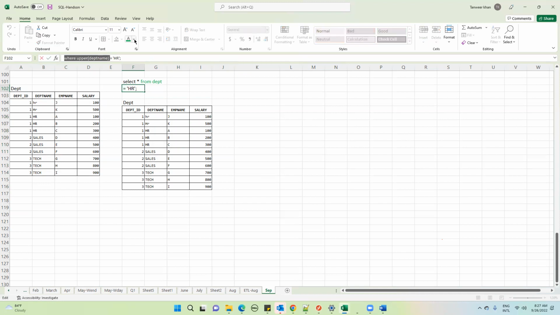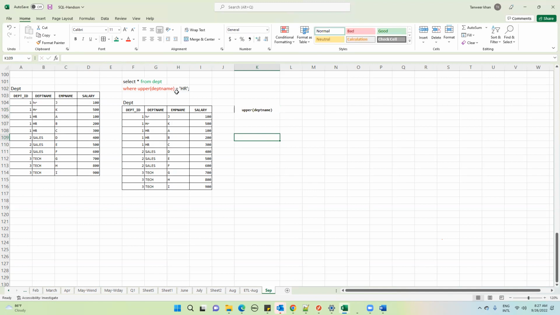In WHERE, what you are telling the SQL engine is to convert department name to which case? Uppercase. So your SQL engine will convert this department name to uppercase.